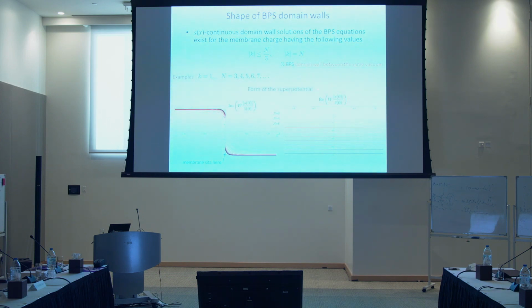The superpotential actually jumps when it crosses the membrane. The real part of the superpotential multiplied by the phase of the scalar field on the membrane is constant here, as you can see. These different lines correspond to different values of n. So this is n equals 3, n equals 4, and so on.